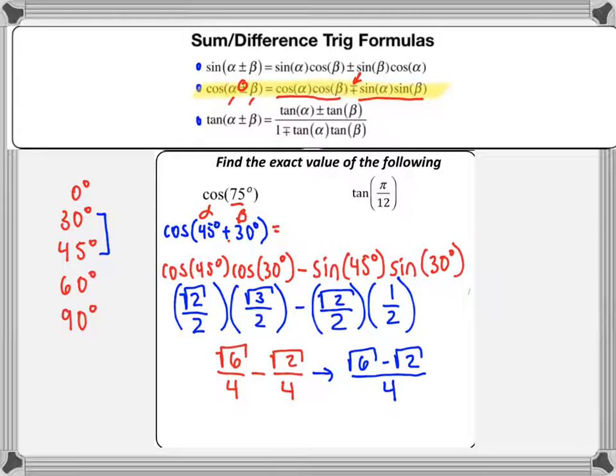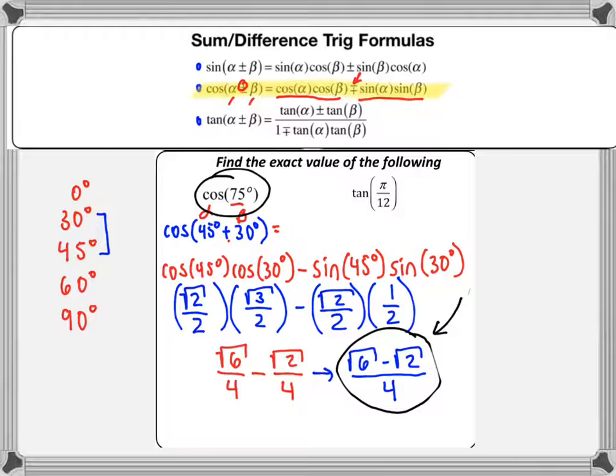That gives me the exact value of this. If you check that in your calculator, you punch in cosine of 75 degrees, get an answer, plug this in as well, get an answer, you're going to see they're the exact same thing.